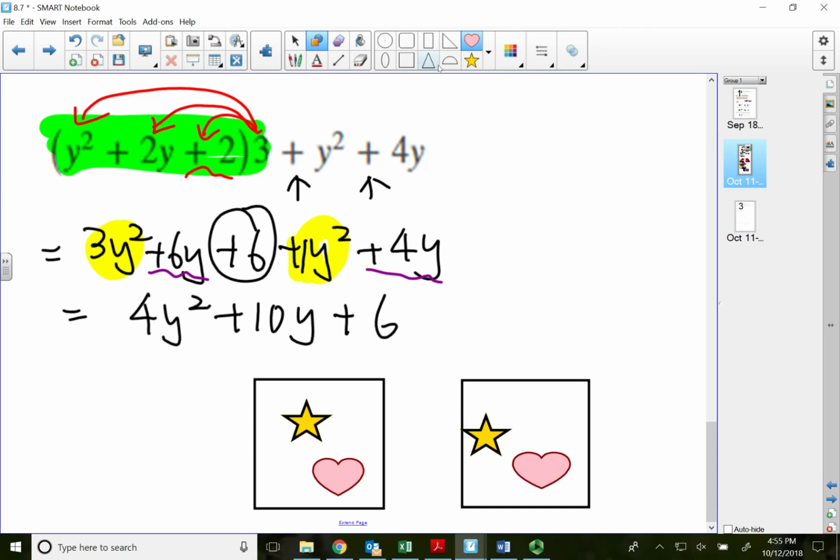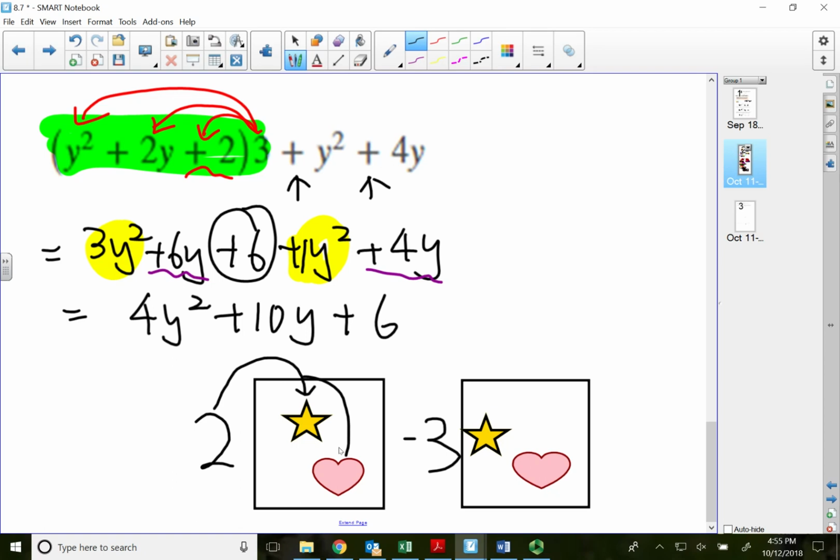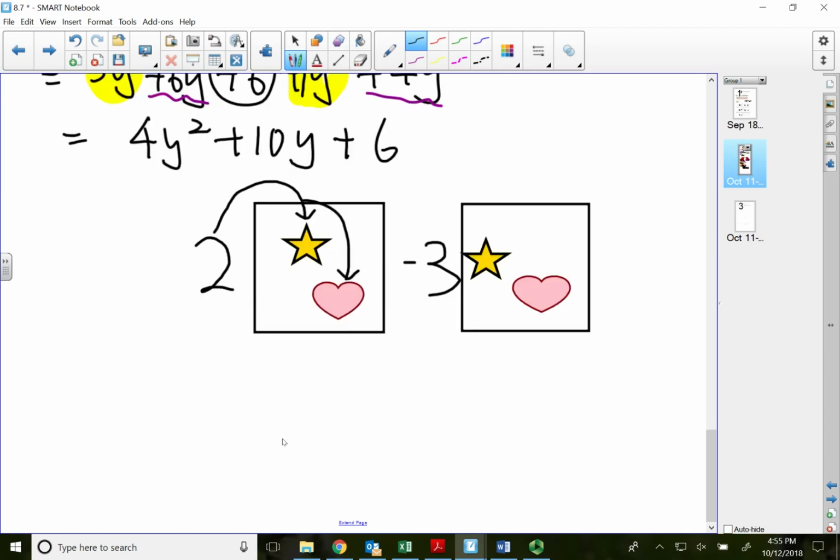Okay. So basically, if I put a number 2 up front, let's just say this is 2 minus 3. So what this 2 means is like your hand goes inside the box to bring your heart and the star to the outside of the box.